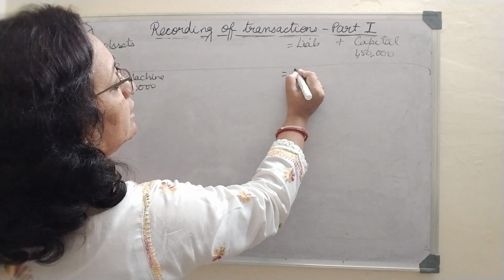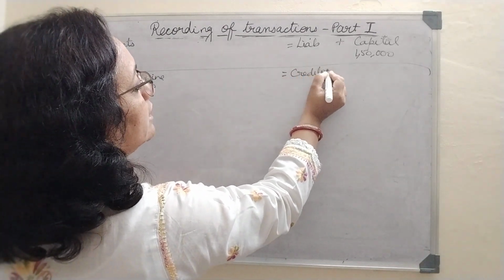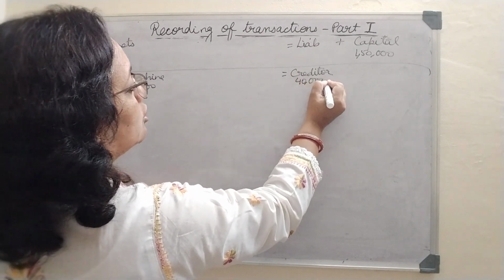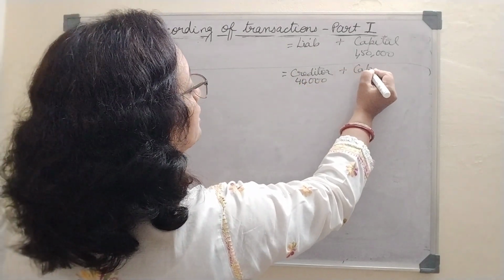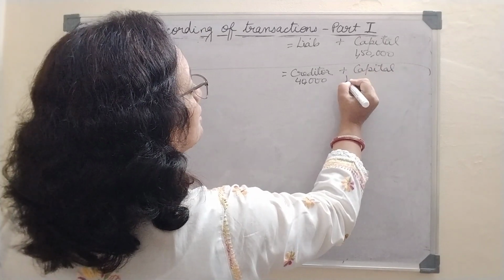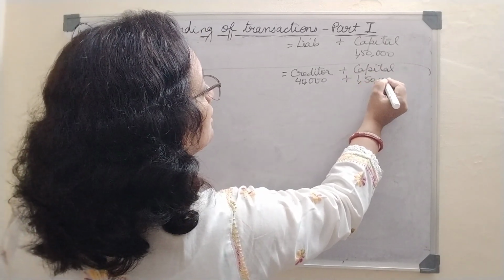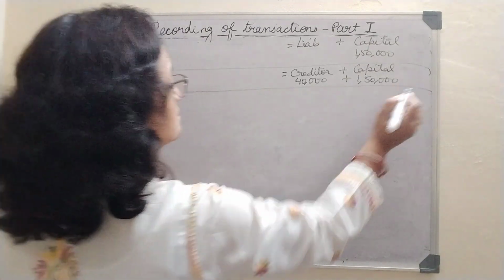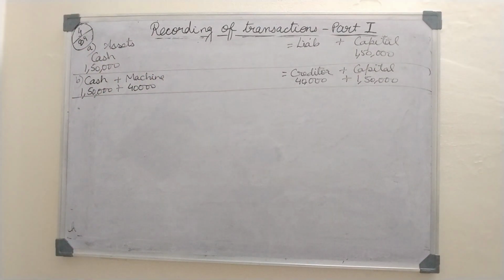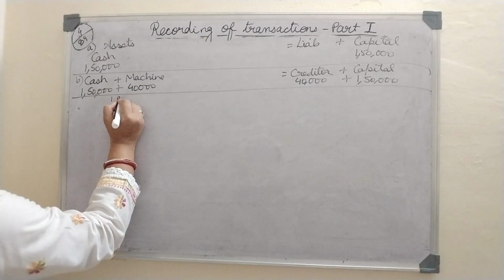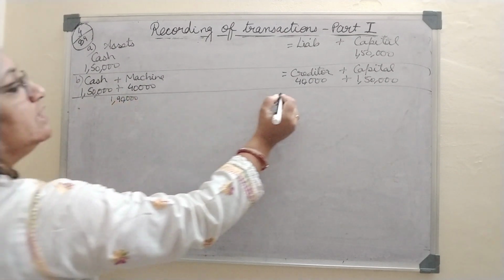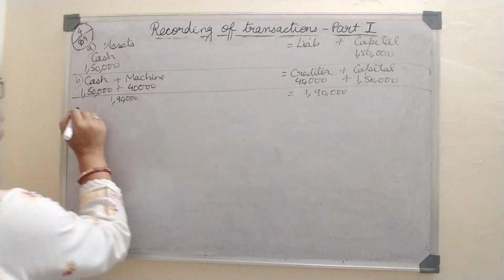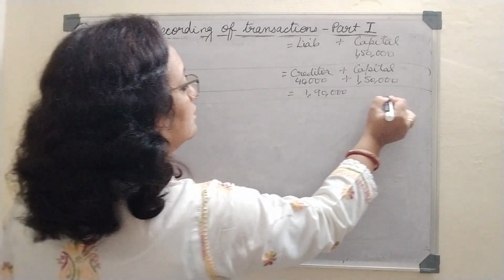And over here my creditor is created. I have to pay to this person, right? Not now, I was not able to pay, so I have purchased on credit. Right? So this brings us to the total 1,90,000. We keep on doing the total so that we have not done any mistake. Both the sides are coming equal.